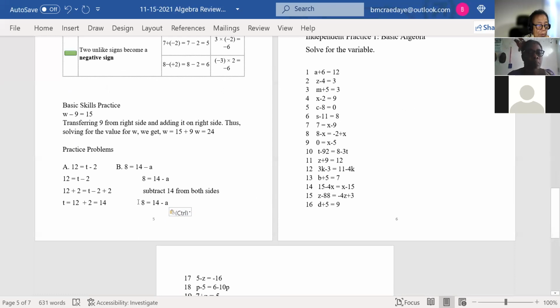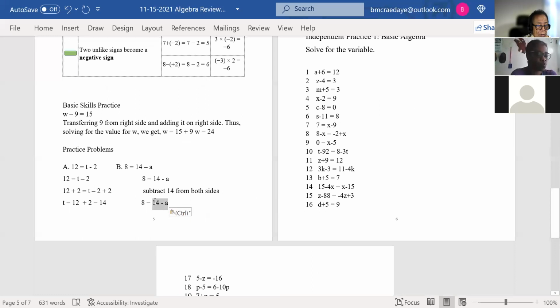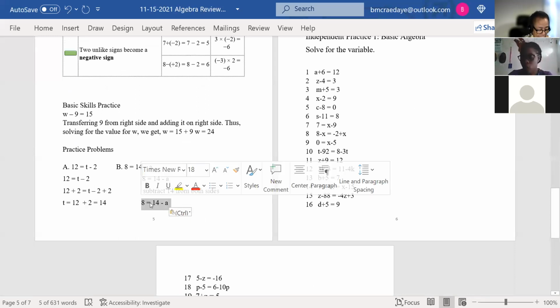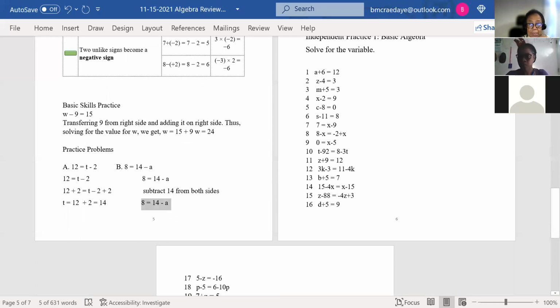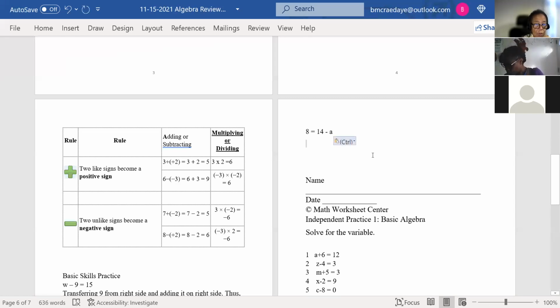I'll just copy this on the other side so we can do all of that on one screen. Okay, so we said we do what?